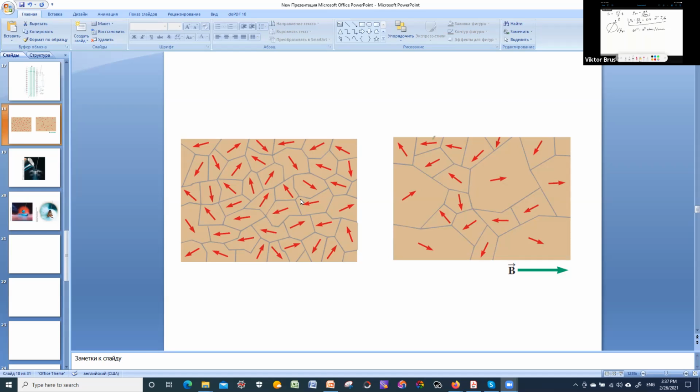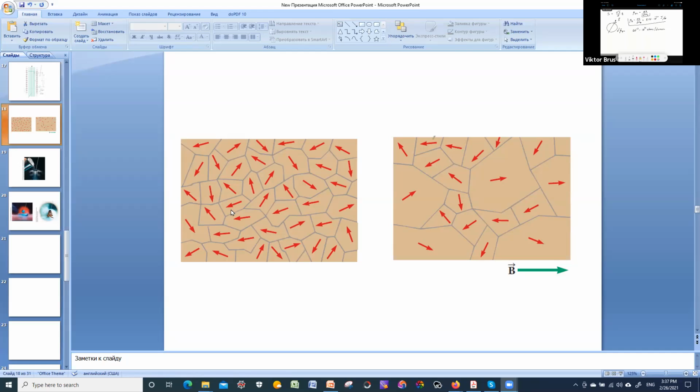But it's not true for all materials. For instance, for gadolinium, it's enough to heat it up only to 317 Kelvin, which corresponds to 44 degrees Celsius. And then this induced magnetization, the ferromagnetic effect, will be gone. So this is what I wanted to tell you about ferromagnetic materials.